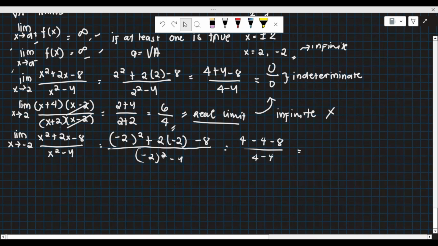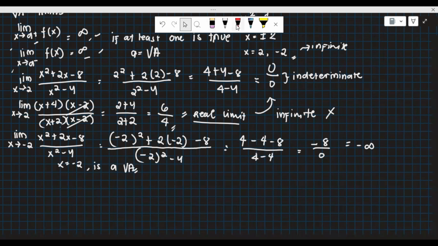So 4 minus 4 is 0, minus 8, negative 8 over 0. This is an infinite limit. So if this is an infinite limit, then x equals negative 2 is a vertical asymptote. So again, x equals negative 2 is the only vertical asymptote. Let's box this since it's our final answer.